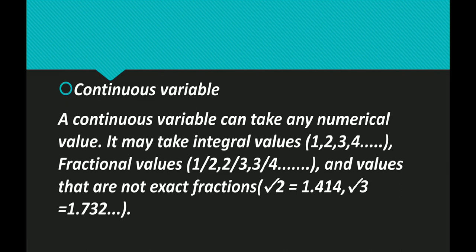For example, the height of a student as he or she grows, say from 90 centimeter to 150 centimeter. It would take all the values in between them. It can take whole number values like 90 centimeter, 100 centimeter, 108 centimeter.